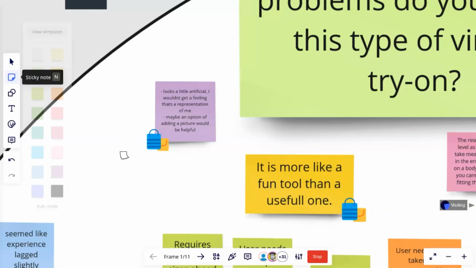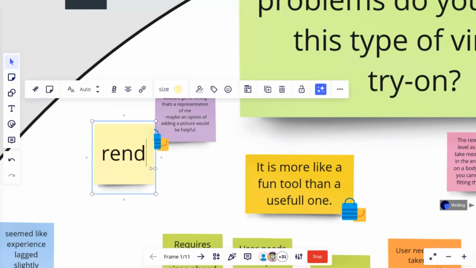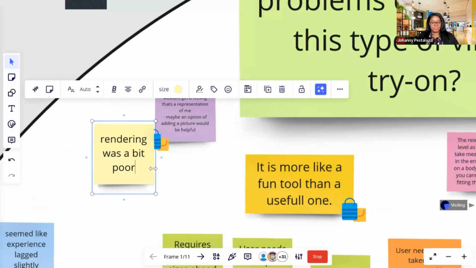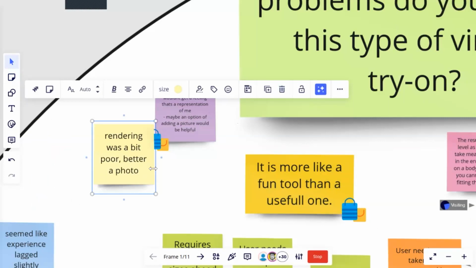I think it must have a little bit more of a quality of a photograph. Also, the avatar as an impersonation of me, it wasn't enough.